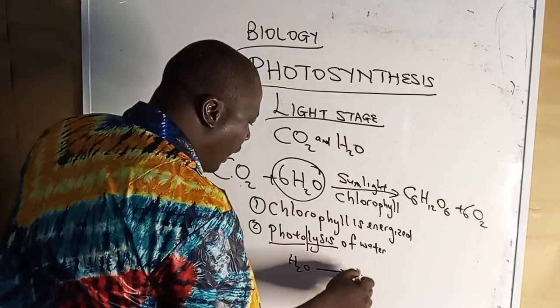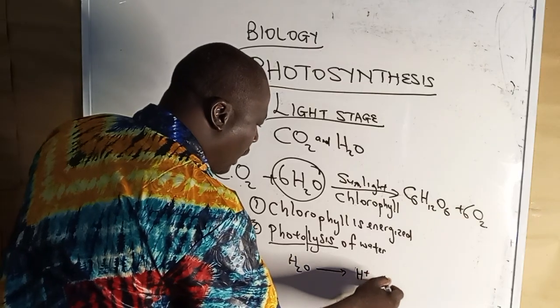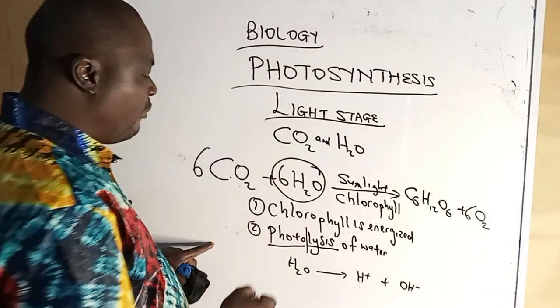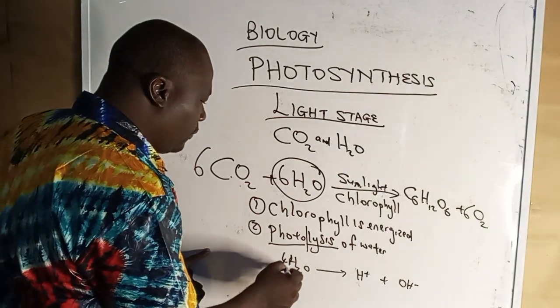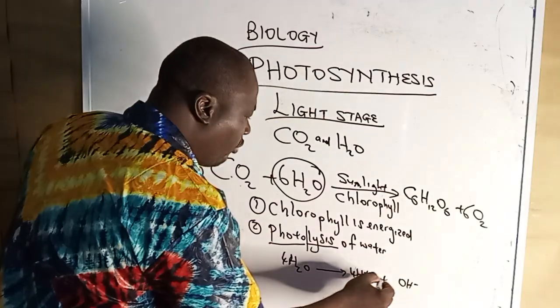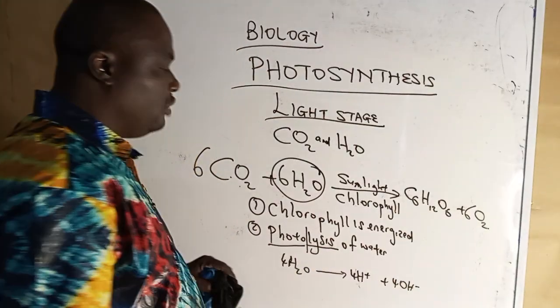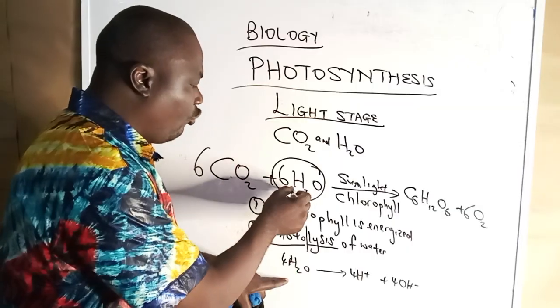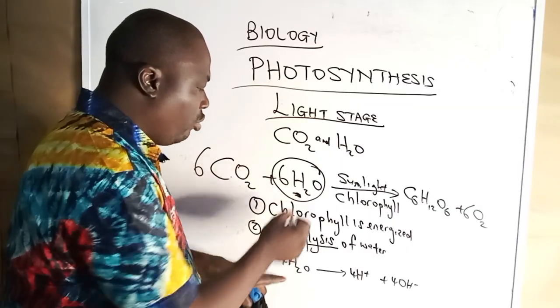We have the hydrogen ion and the hydroxide ion. So we preferably balance it using 4 molecules of water, giving 4 molecules of hydrogen ion and 4 molecules of hydroxide ion.